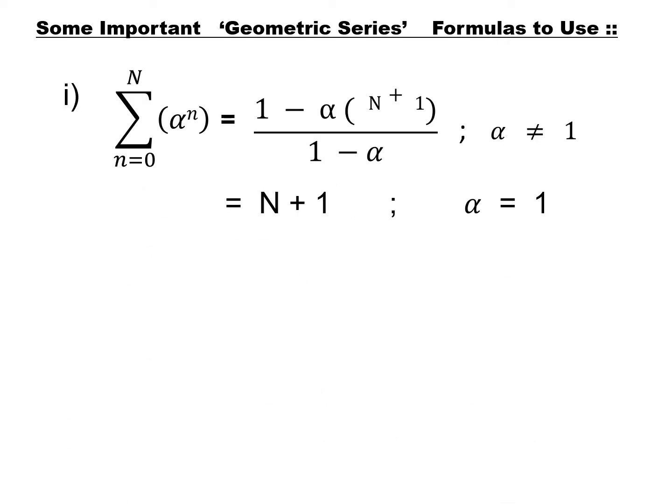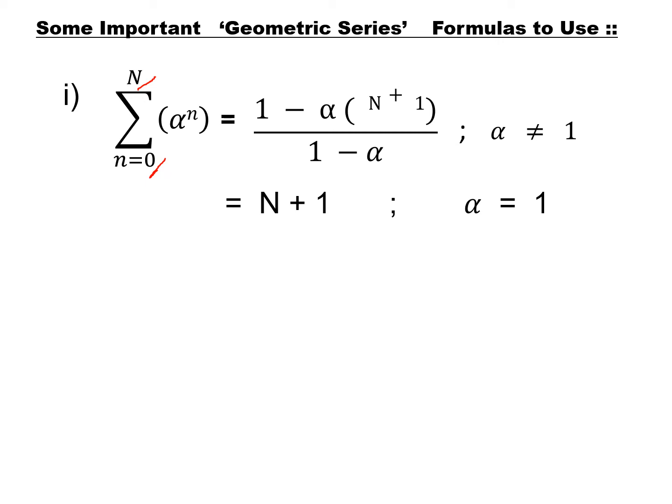The first formula you frequently use is this: summation of alpha to the power of n, where n ranges from 0 to capital N, where N is a real number.